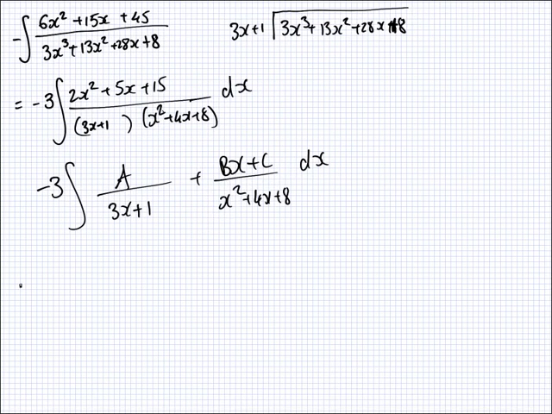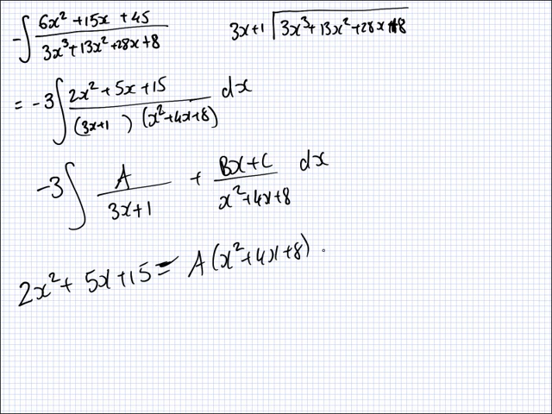So we can say that 2x squared plus 5x plus 15 equals a times x squared plus 4x plus 8, plus bx plus c times 3x plus 1. Are you happy with that? Well, what should we choose first for x?